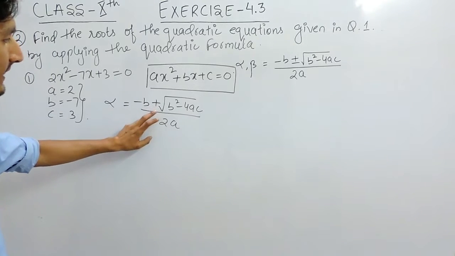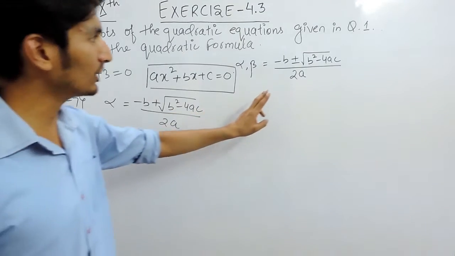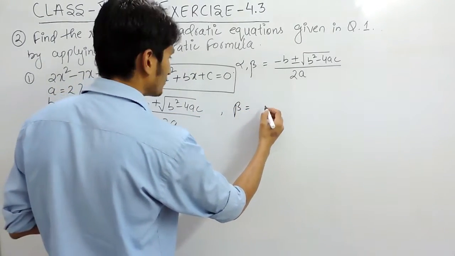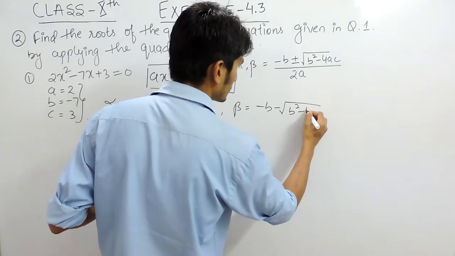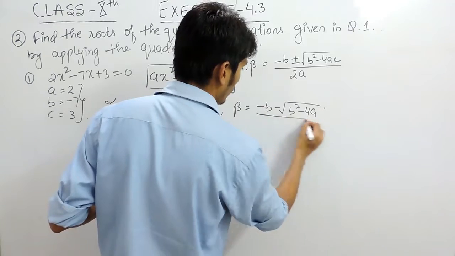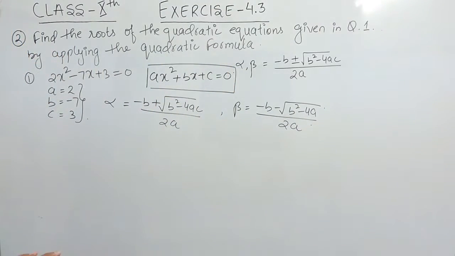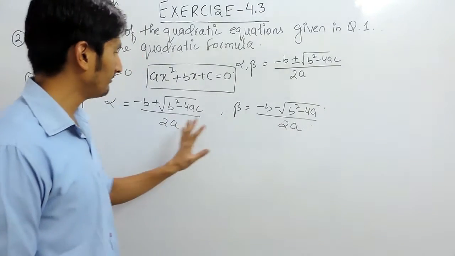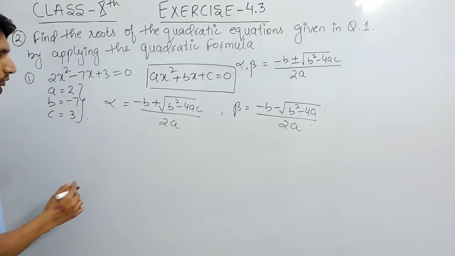This plus minus basically means one root must be plus this much and the other root, which we are supposing as beta, must be minus b minus under root b square minus 4ac upon 2a. Now we can easily substitute the values of a, b, c in this formula and we will be able to find the roots of this particular equation.